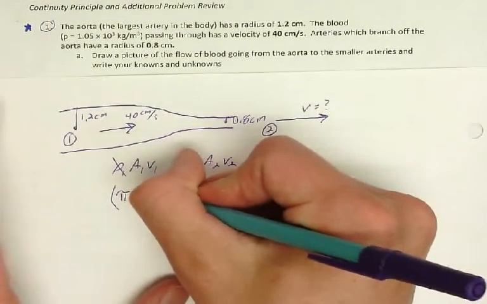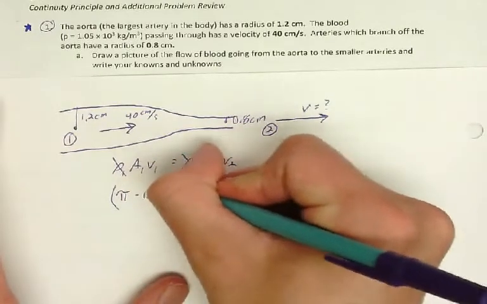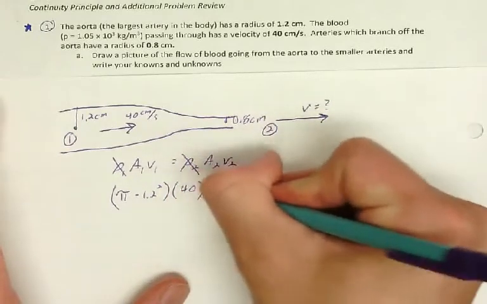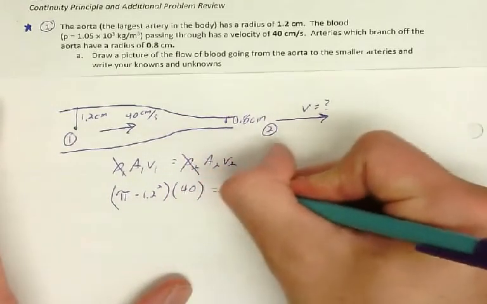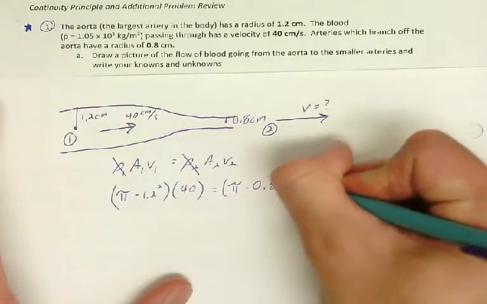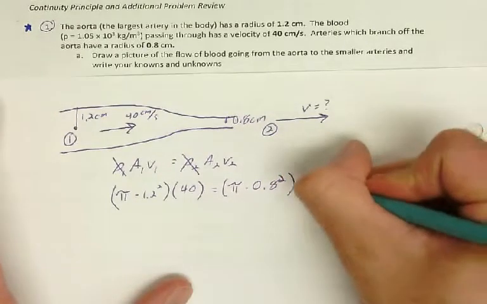So it's pi r squared times the velocity equals pi r squared times the velocity.